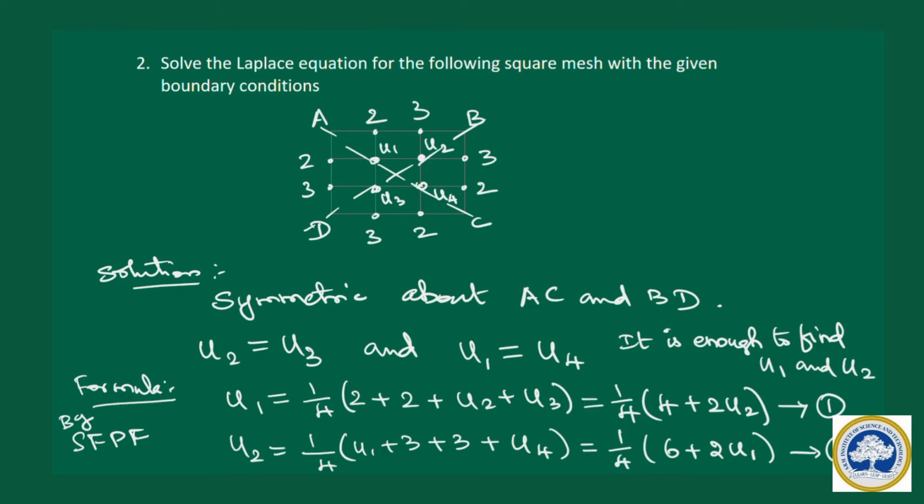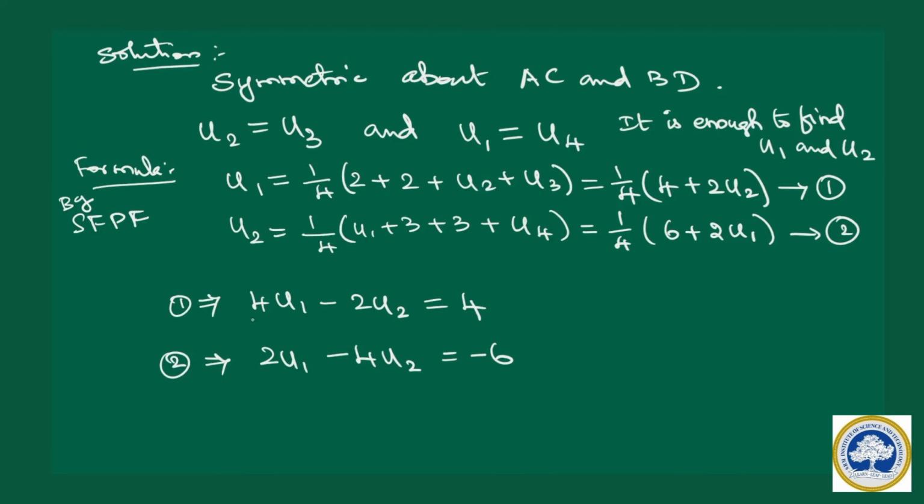Both equations are in terms of two variables U1 and U2. Everyone knows how to solve these two equations using the elimination method. Equation 1 can be written like this, and similarly equation 2 we can write like this. Now these are two equations with two unknowns U1 and U2.